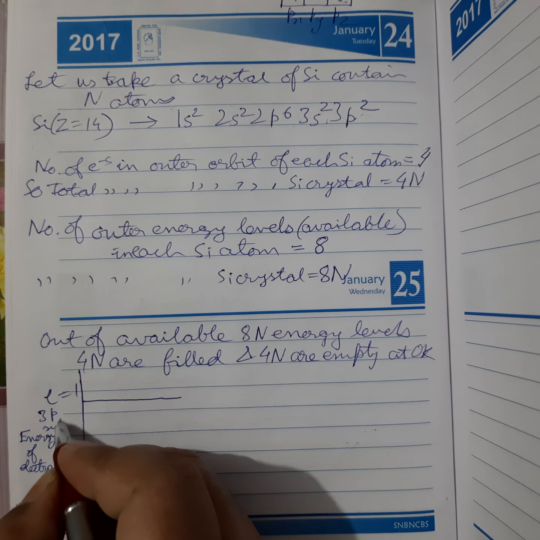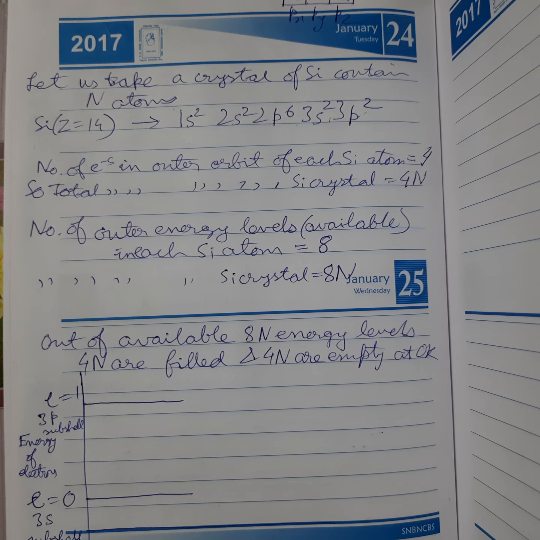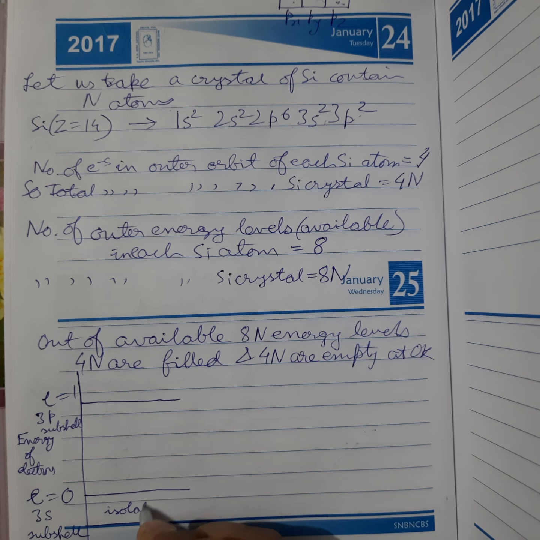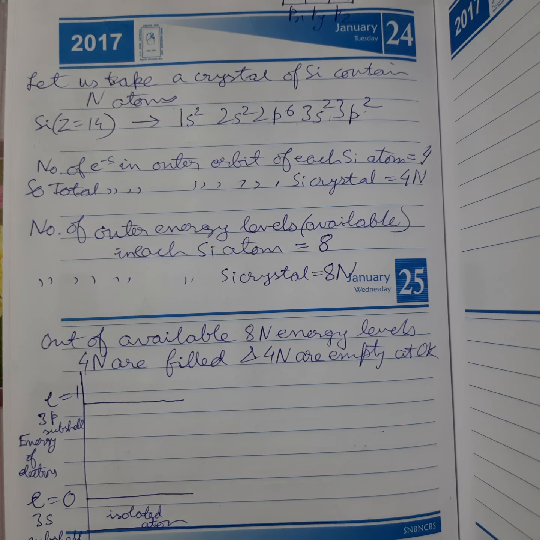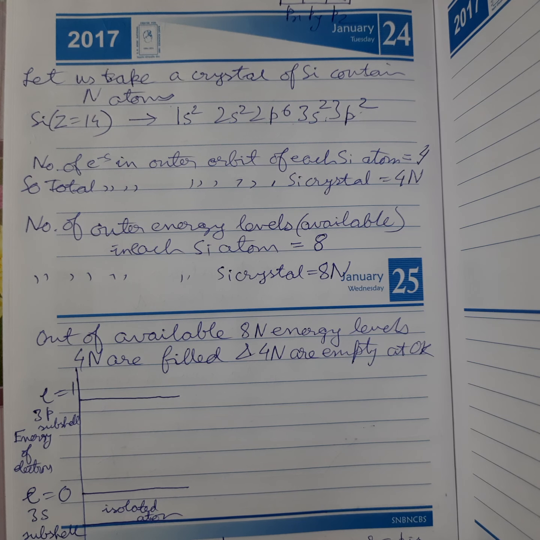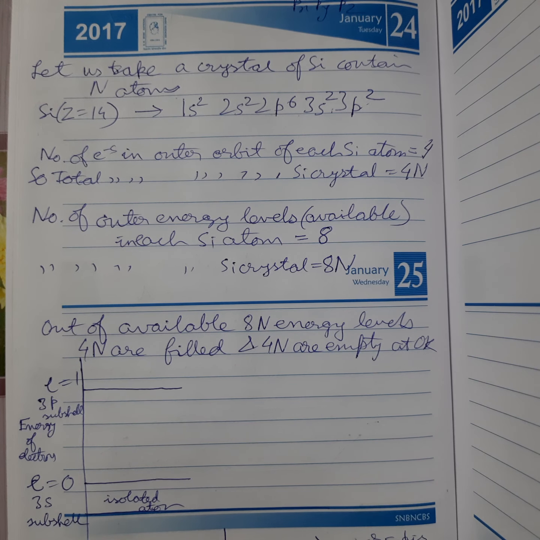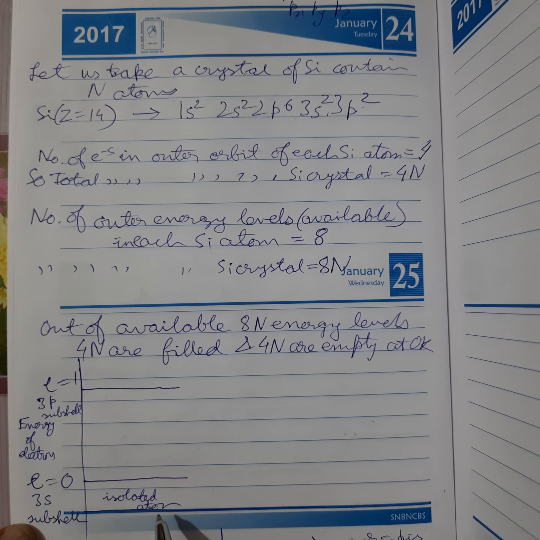Again, this is for the isolated atom. 1 by r: R is the distance between atoms. Now you see R is less in this case.